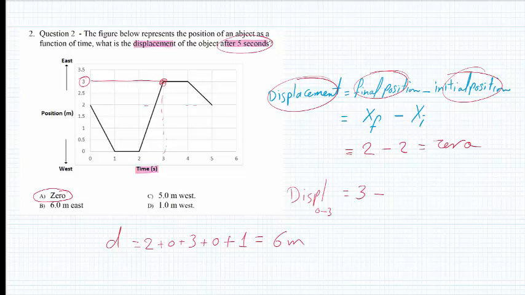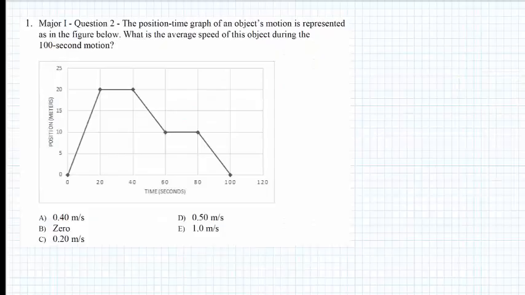This is the final position, minus the initial position, which is here, so it's 2. 3 minus 2 gives you 1. So this is the displacement during the first 3 seconds, and so on.